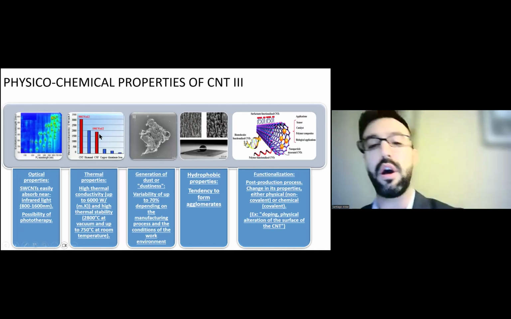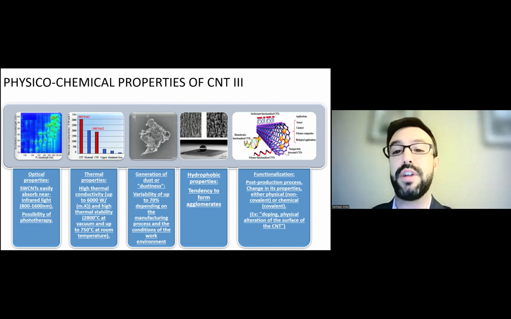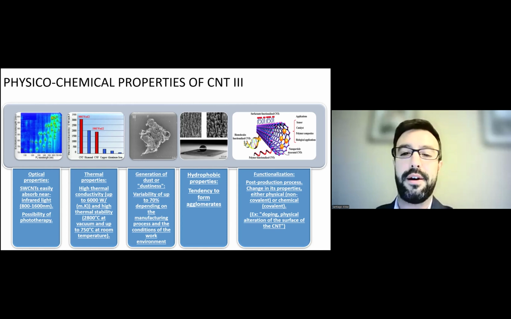Single-wall carbon nanotubes easily absorb near-infrared light, so they can be used as a possible means of phototherapy. They have thermal properties, high thermal conductivity and high thermal stability, so they resist really high temperatures. We have to talk about generation of dust, or dustiness. We're going to talk a little bit further about this later on, but it varies up to 70% depending on the manufacturing processes and the conditions of the work environment.